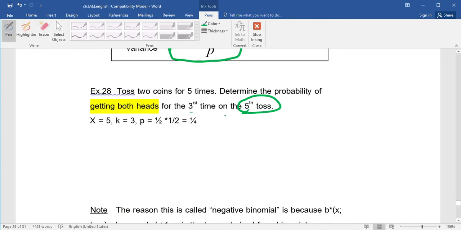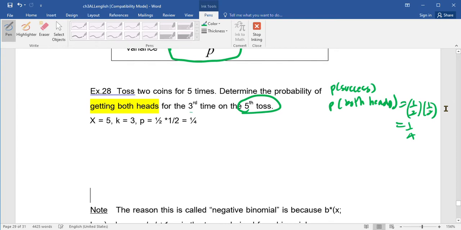And the probability of success, the probability of getting both heads, is 1/4. All right, head and head.